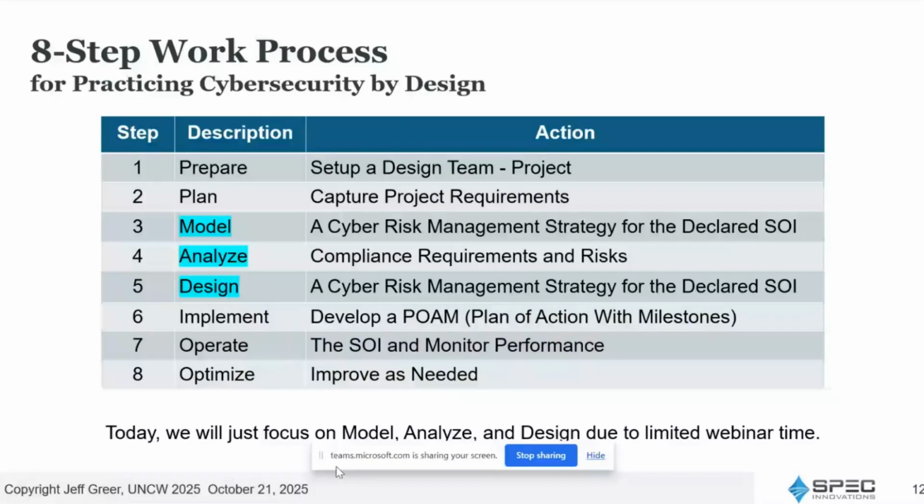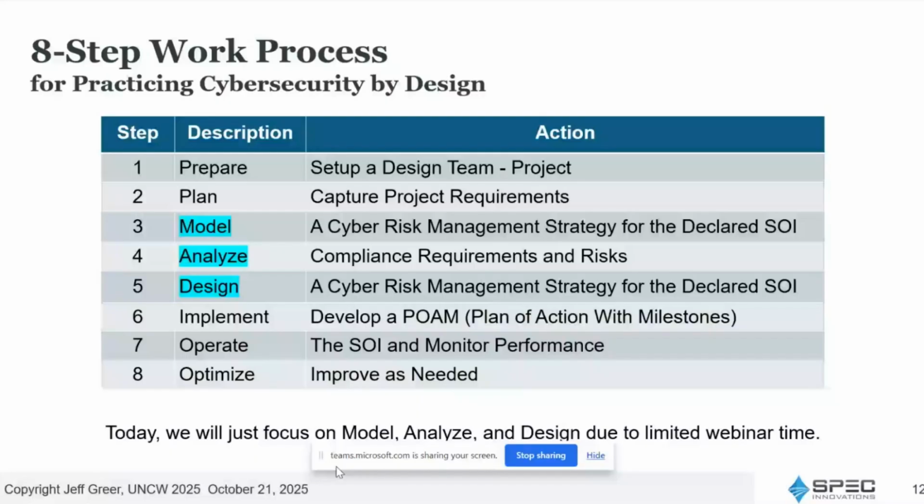Model in this case is going to be a cyber risk management strategy for the declared SOI. And then when you analyze, you're going to look at compliance requirements and risk. And then when you get to the design, it's going to be the cyber risk management strategy for the declared SOI.